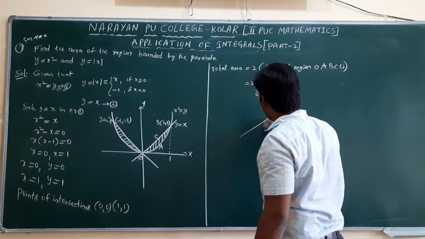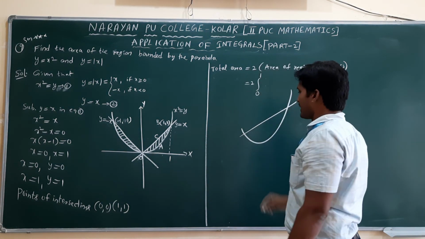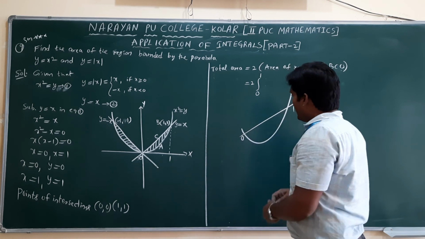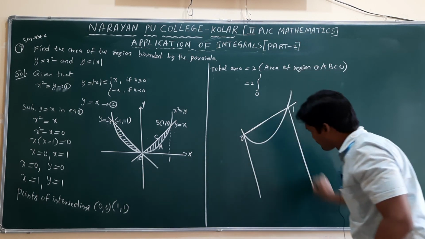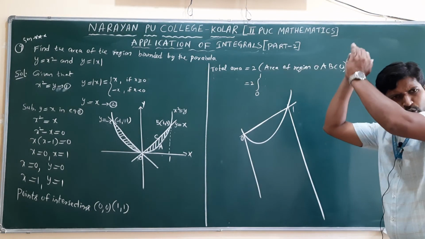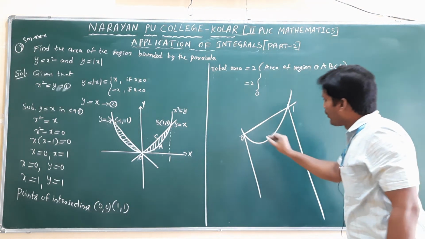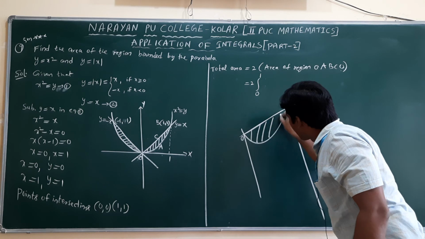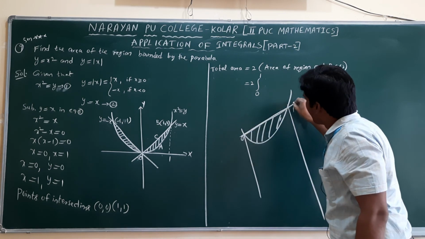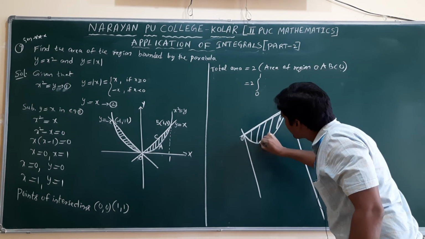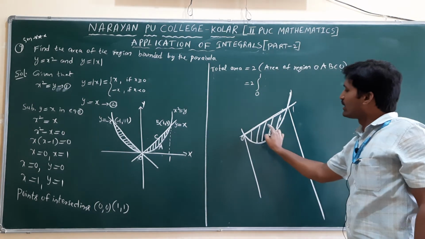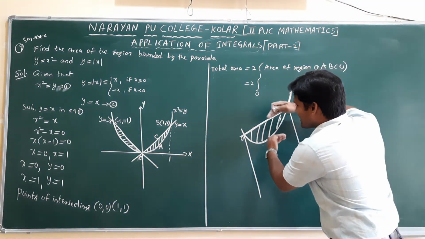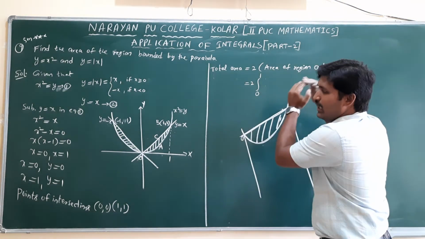Simple logic here: line is there and curve is there. From 0 to 1, if you take only the line, everything below it will come, up to infinity. But we need only this region, so the line is upper, and what is the lower here? Parabola. If you subtract, this extra region won't come, and you will get only the region bounded between the line and the parabola, the required region.